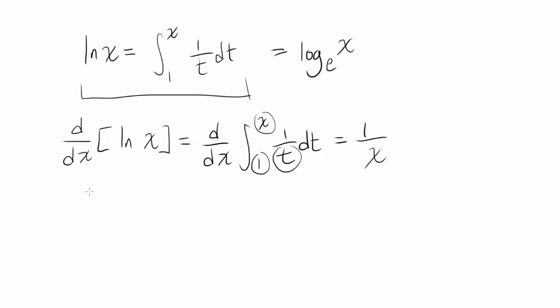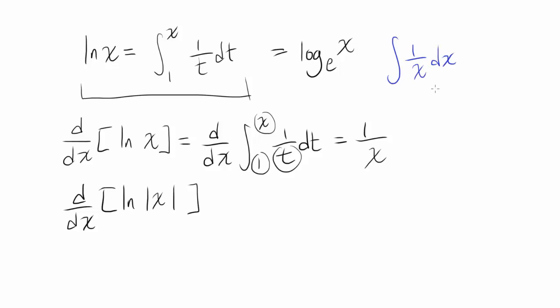Now let's think about what we would get when we differentiate natural log of absolute value of x. And you may say, why do we need to know this? As we are about to find out, by figuring out this derivative, we can actually expand what the integral of 1 over x dx is going to be.